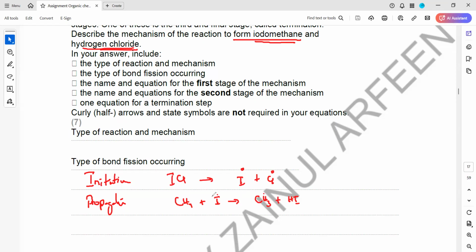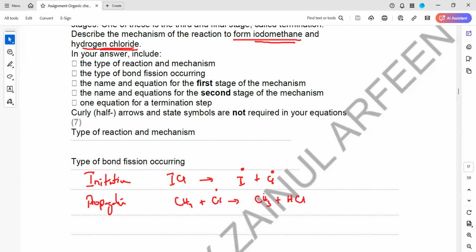So what I should do is first start with a chlorine radical. When I start with the chlorine radical, it will form a methyl radical and hydrogen chloride. That is the first thing.